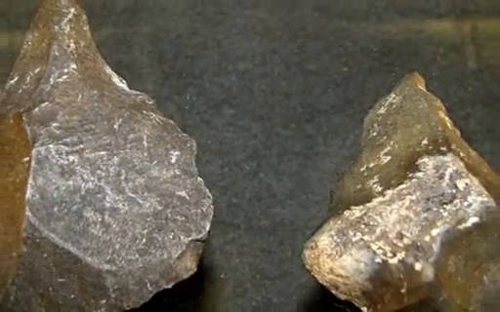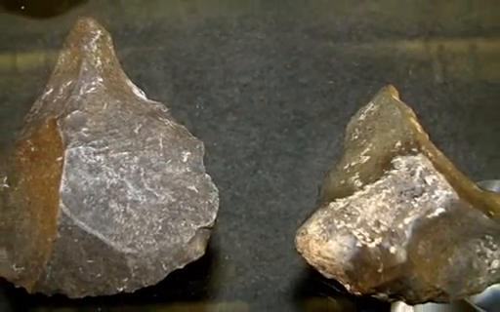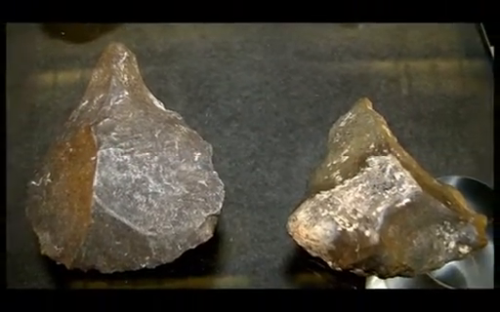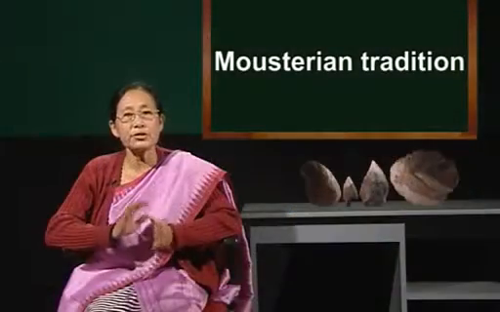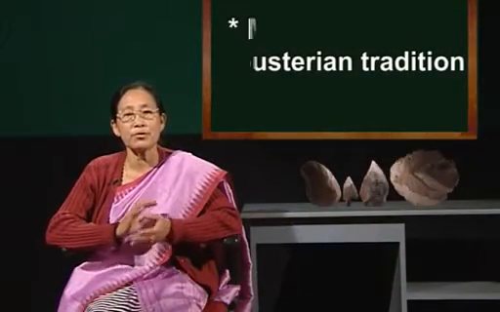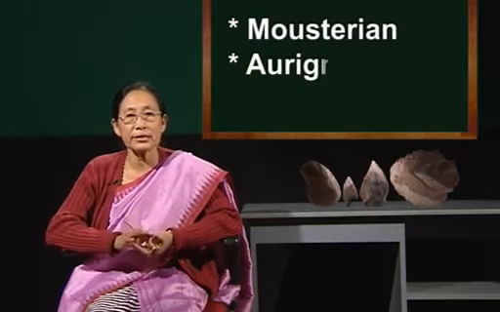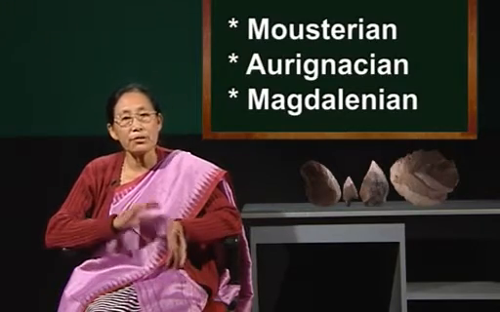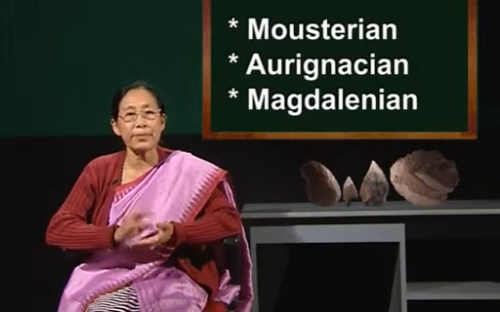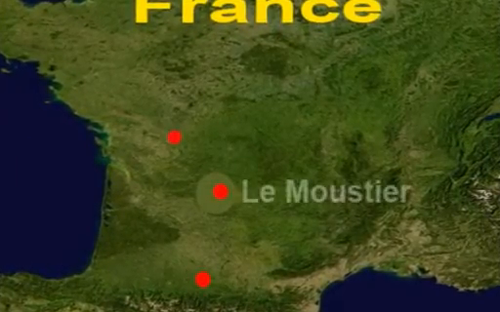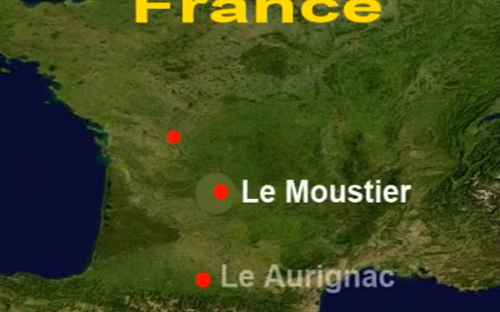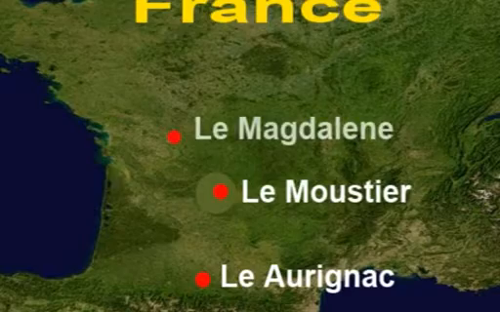Artifacts from the Middle Paleolithic sequence of this rock shelter were given the name of Mousterian tools. Mortillet introduced the terms like Mousterian, Aurignacian and Magdalenian, in order of increasing complexity, to designate the tools from the French sites of Le Moustier, Aurignac and La Madeleine, etc.